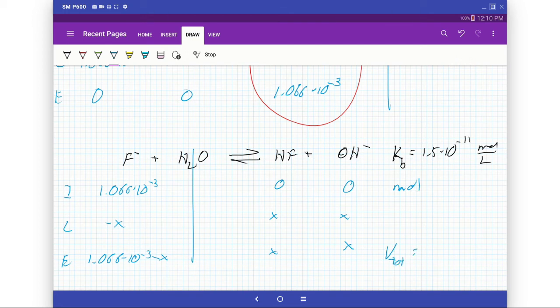The total volume is our 10 mil aliquot plus the 18.63 milliliters of sodium hydroxide that needed to be added. So this is 28.63 milliliters.